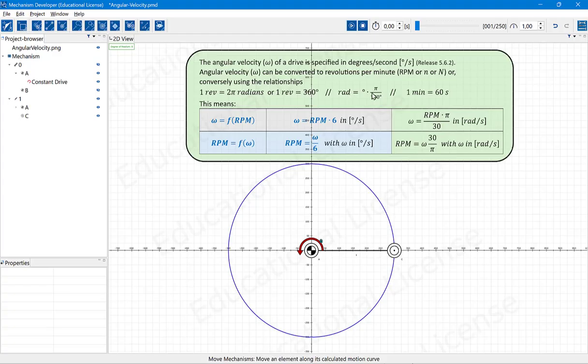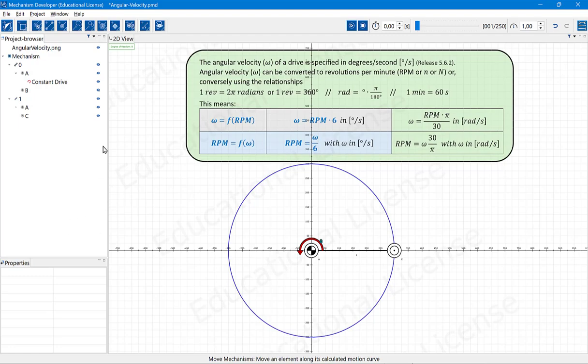Or here the relation between radian and degrees and minute and second. And the angular velocity as a function of the revolutions per minute is this, it is times 6, or the revolutions per minute as a function of the angular velocity is omega divided by 6.